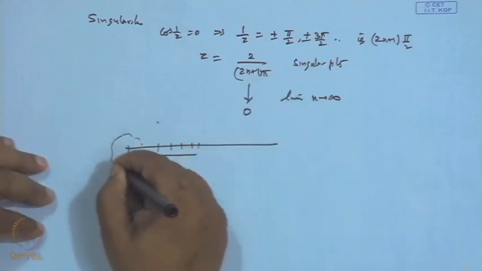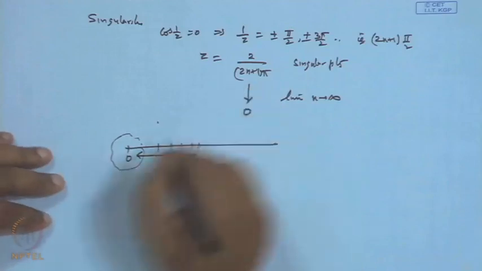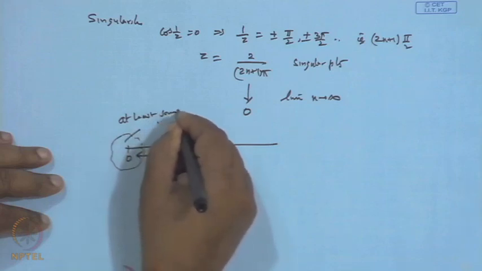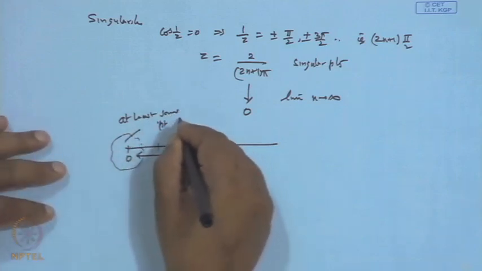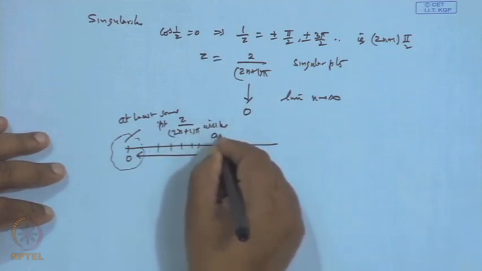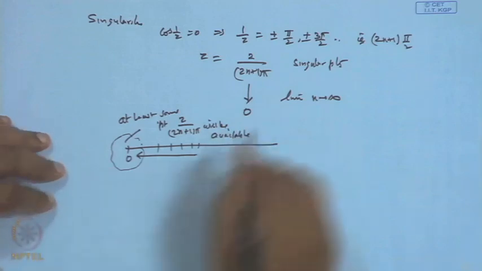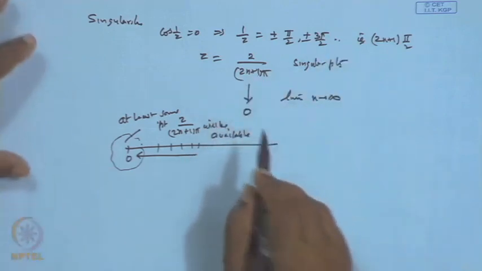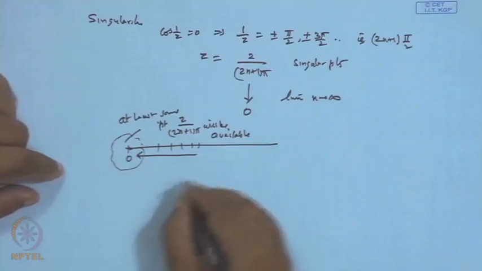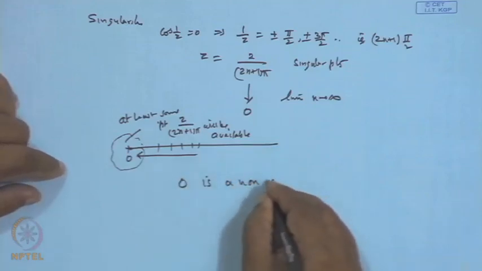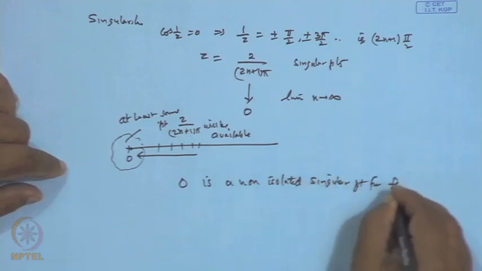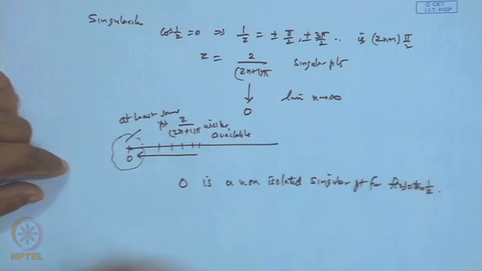So, if we draw any neighborhood around the point 0, then you will get at least some points of the type 2 over 2 n plus 1 pi available. It means 0 is not an isolated singular point. So, here 0 is a non isolated singular point for the function f z, which is tan of 1 by z. So, this is the difference.